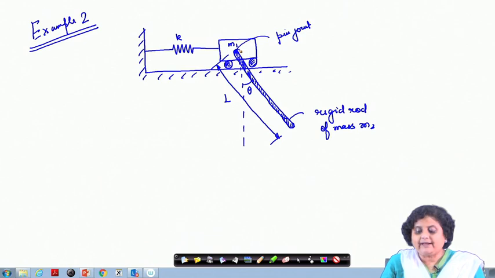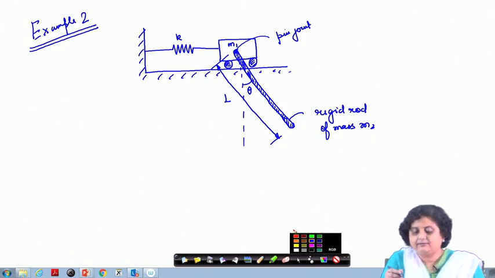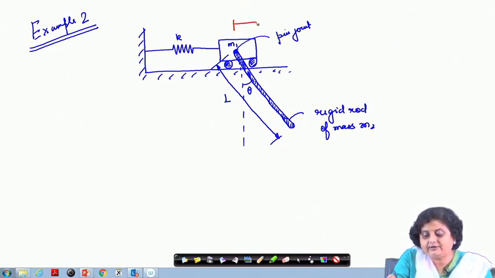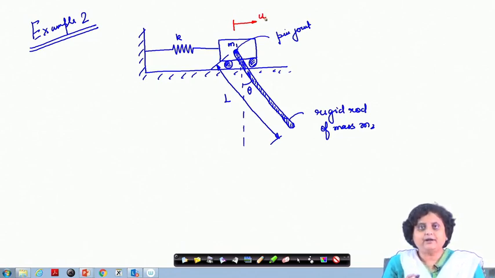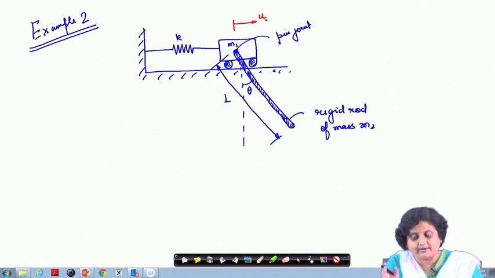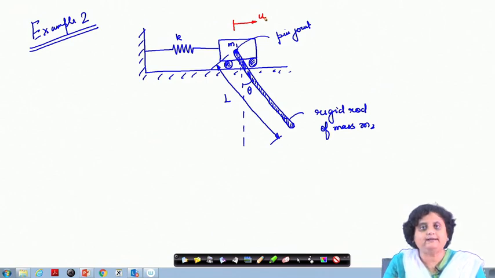So, we can say that the 2 degrees of freedom that the system has are, one, this translational degree of freedom, which I call u, with which this mass m1 is going to move horizontally, and as this mass moves, this rigid rod is free to rotate about this dotted line, and therefore, this theta is another degree of freedom.